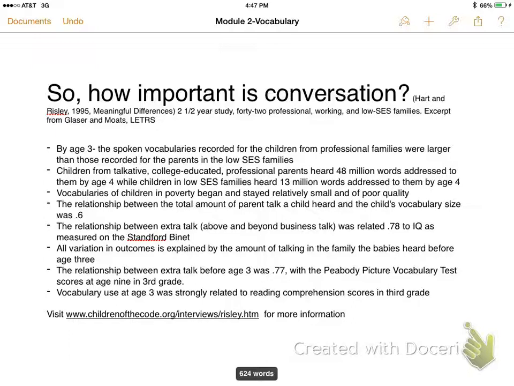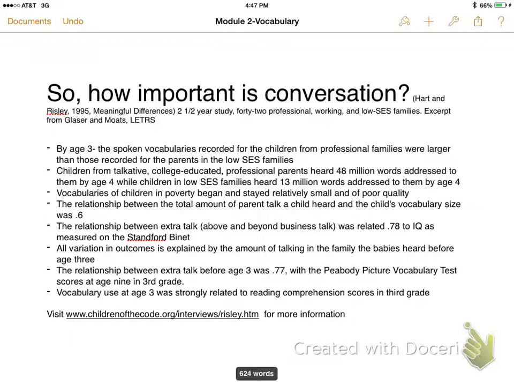That perfect correlation where I can say every time this is going to happen is a 1. Well, this is saying a 0.6 correlation. So more than half of the time, there was a relationship between what a child heard from their parent and their vocabulary size.